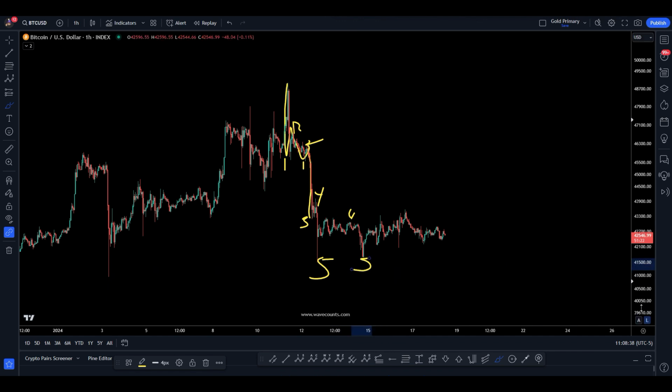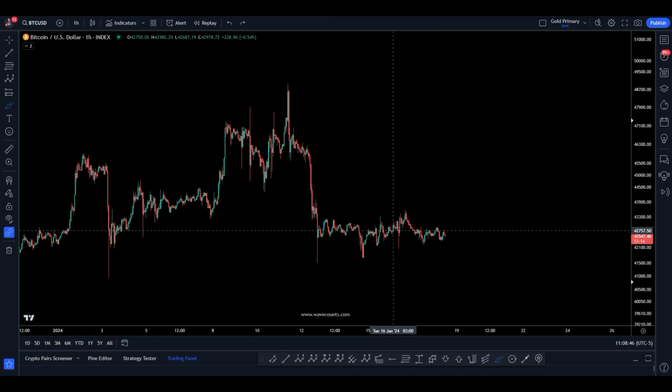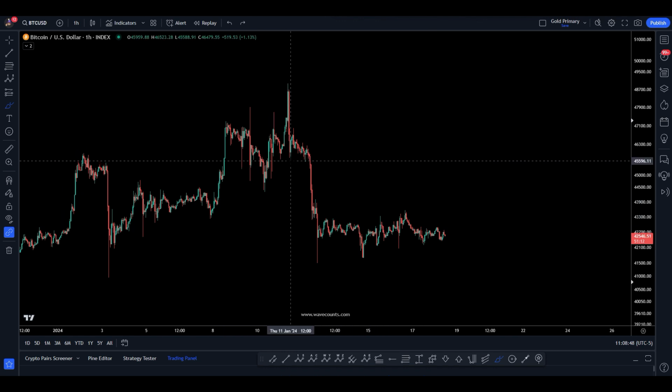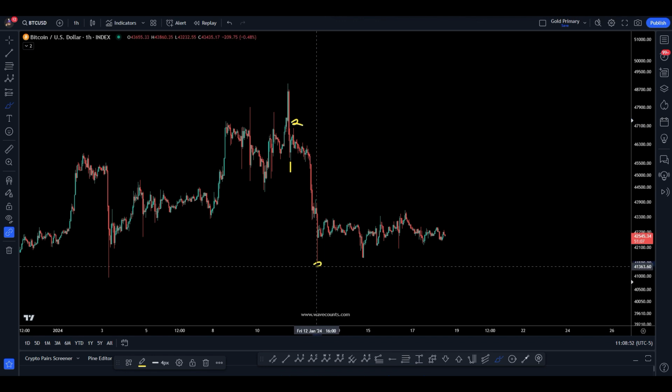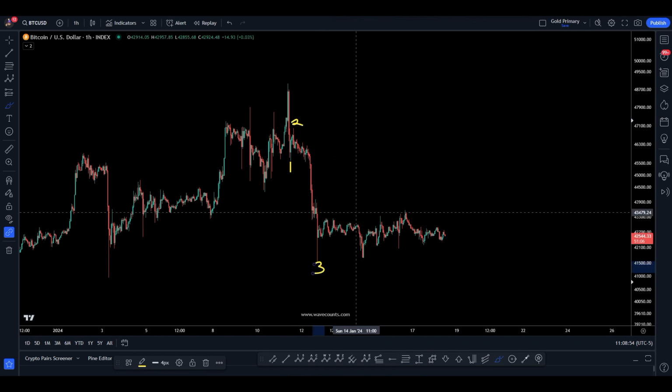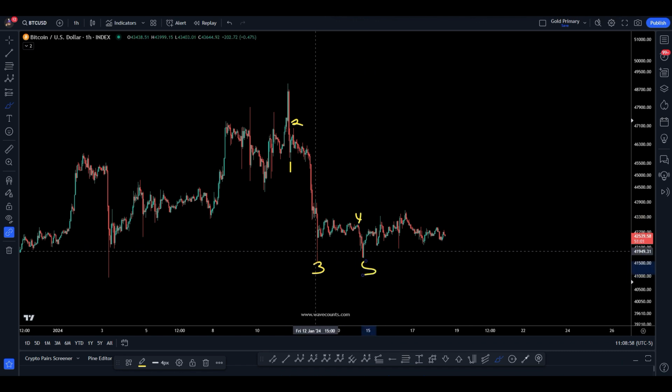Okay, with a truncated 5th. That doesn't bode confidence. I understand that, but 1, 2, 3, 4, 5. That's a zigzag to a triangle combination right there in the 4. That's what can combine. Simple things.